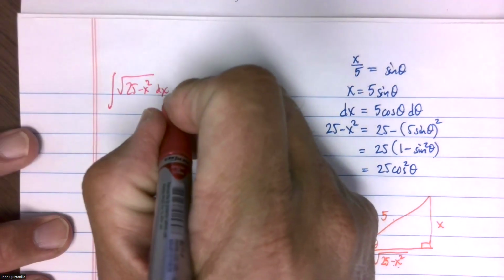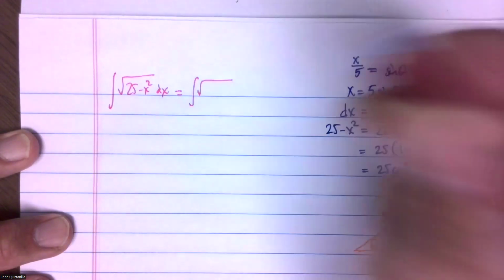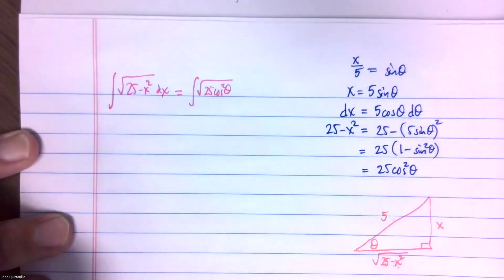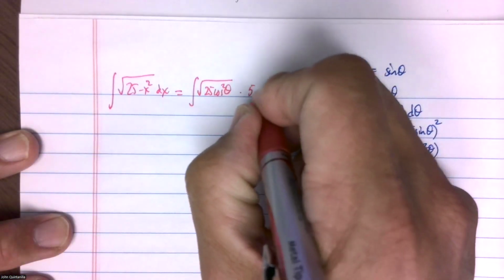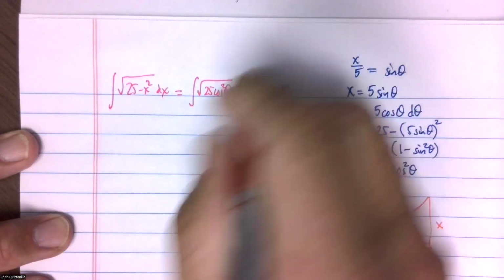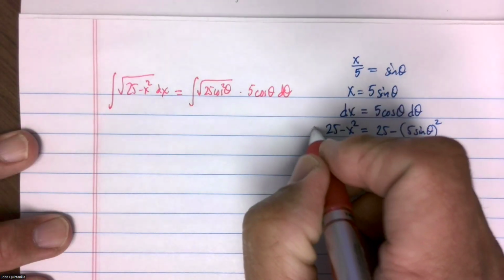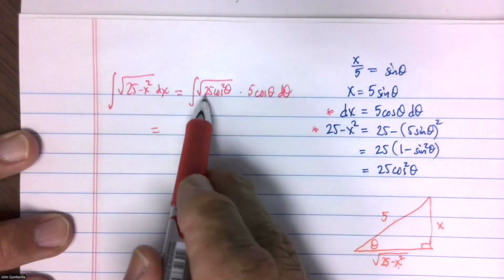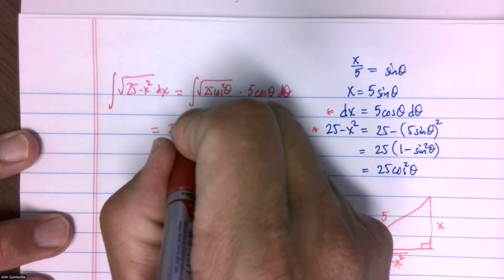Okay, so employing the substitution, this is equal to the integral of the square root of 25 times the cosine squared of theta times dx, which is 5 times cosine of theta d theta, using the formulas that I see here and here. All right, so the square root of 25 is 5, times an additional 5 makes 25.